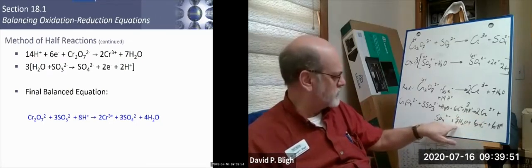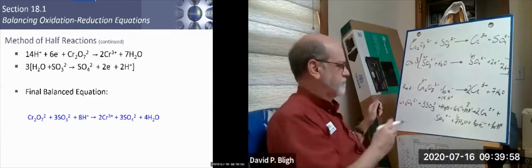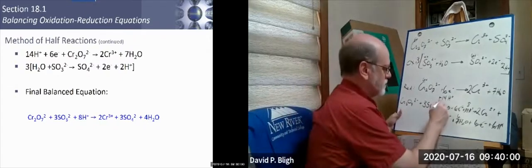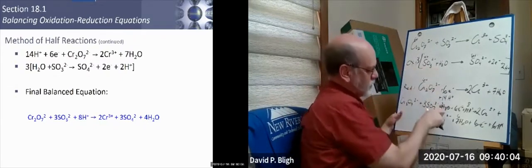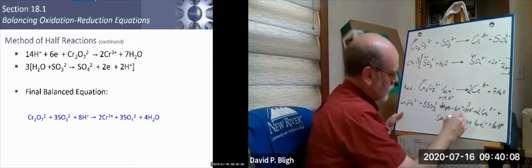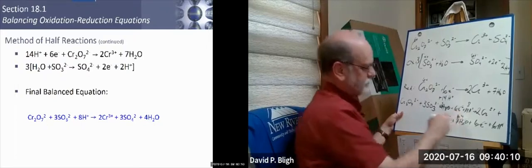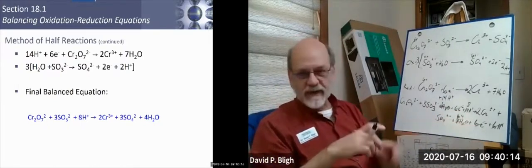4 waters. What did I do wrong? Three waters. Right? 3 times that, 3 waters. So that means 3 from 7 is 4. 4 waters, and that's it.